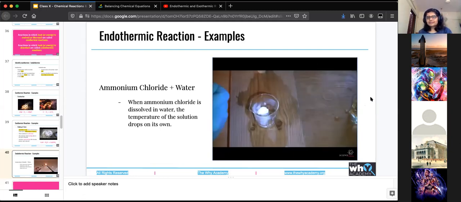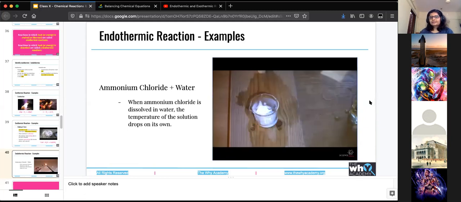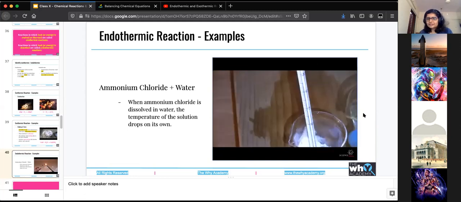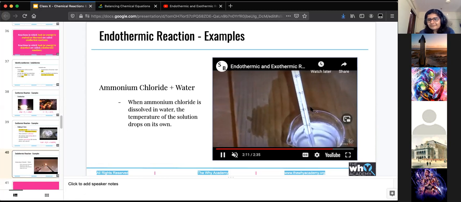So this is ammonium chloride and a thermometer to measure your initial temperature. Are you guys able to see? As soon as he adds the water, can you see what is happening in the thermometer? The mercury is going down. The temperature is dropping, decreasing to 0.